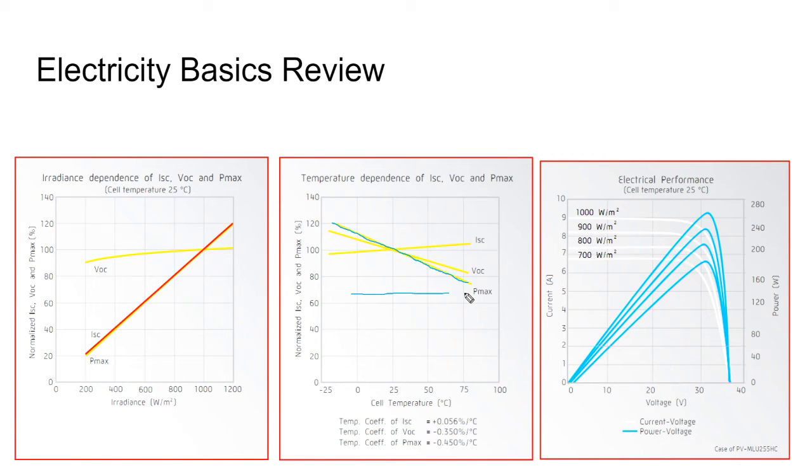As temperature increases, our power level decreases. This right here is a 60 degree day. On a 120 degree day, our power level is dropping by over 20% on a hot summer day.